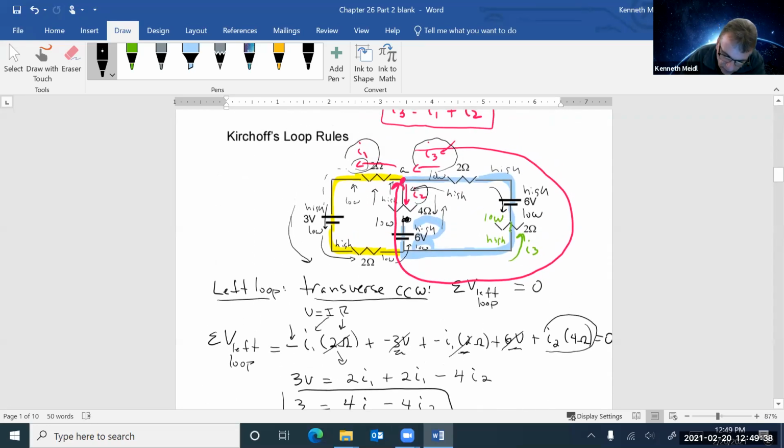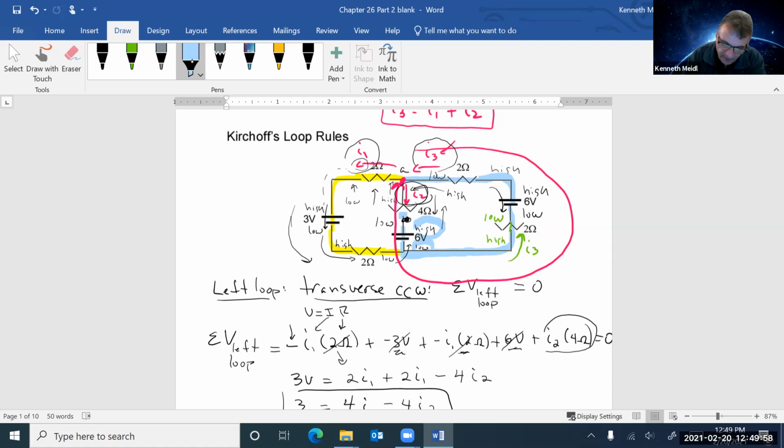So we've got I2 in here. If I2 is really coming towards me, I'm going from the low energy side. This is the low energy side of the resistor, because that's where the current has already come across, and so those charges are moving slower.